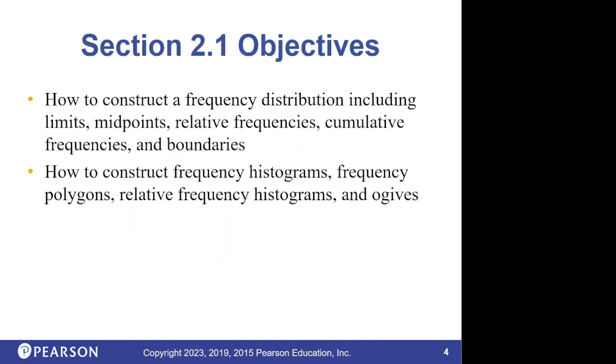A frequency distribution is a way of trying to find patterns in our data. So we'll want to sort our data into chunks. And this sorting process can really help us see if our data clusters.